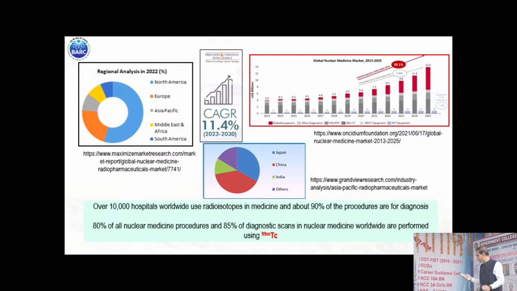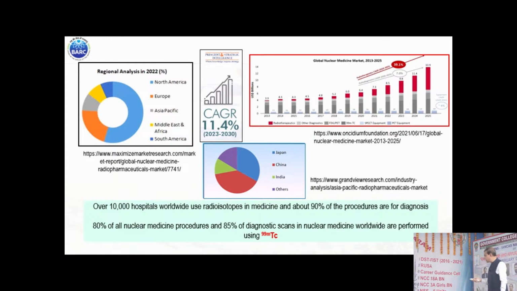And if we look carefully in the Asian region, the majority is used in China, then Japan, and this is India. So, we use just the world's 1.5 to 2% of nuclear medicine, though our population is almost 14 to 15% of the world. So, we have a lot of distance to cover.